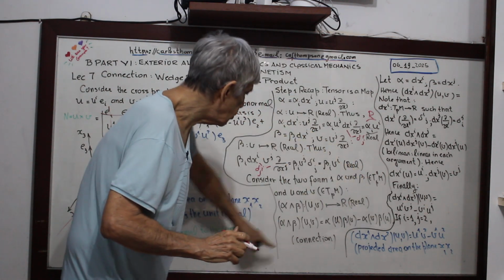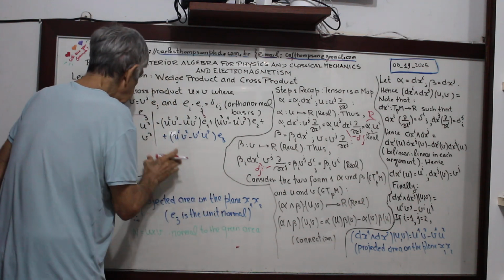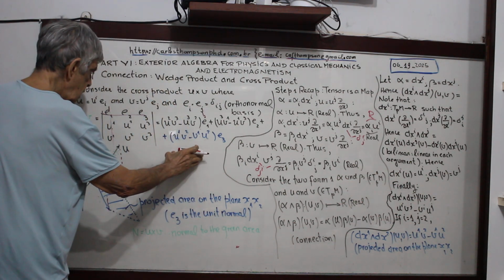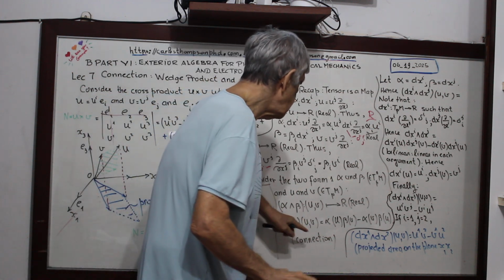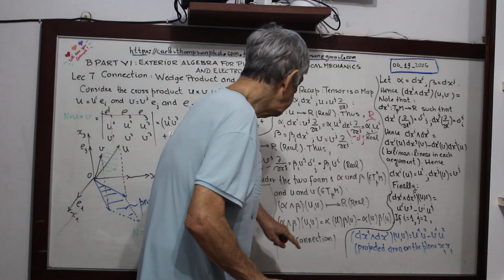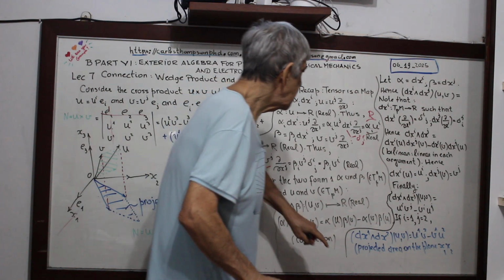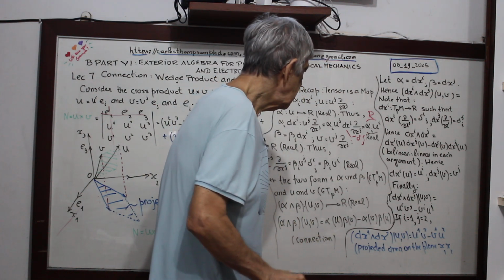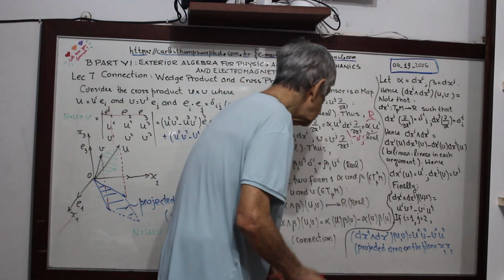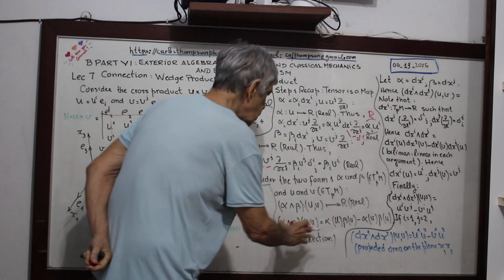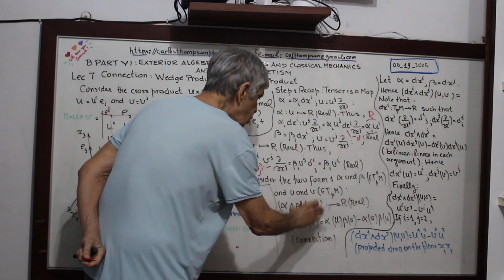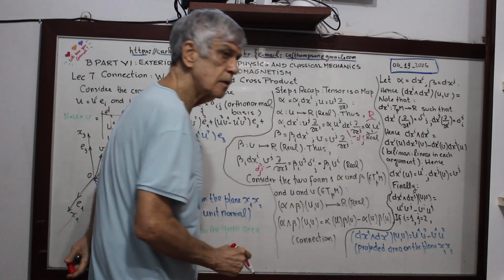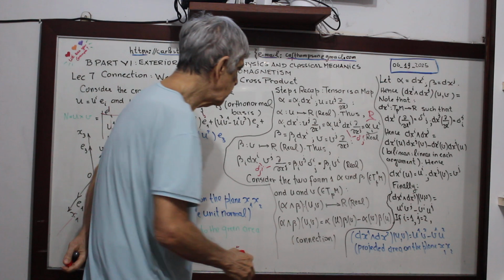Exactly, this is the connection with what I obtained over here. That's why I wrote clearly that in this case there's a real number. That's a connection, analogous to the cross product in Cartesian coordinates.